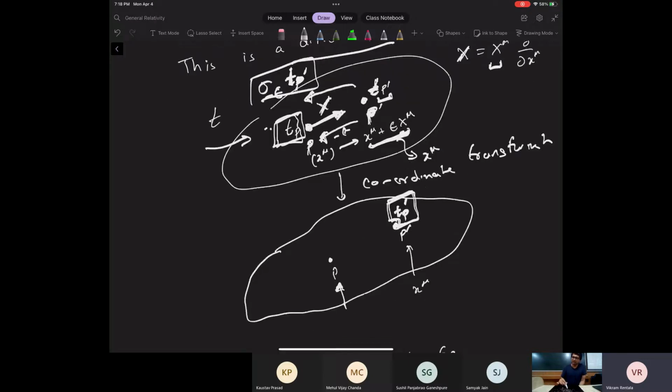It's easier to understand why this doesn't require a connection if we do it in the sense of a passive transformation. So we think about the tensor TP at the point P, and the tensor TP prime at the point P prime. We make a coordinate transformation such that x mu plus epsilon x mu now has coordinates x mu.